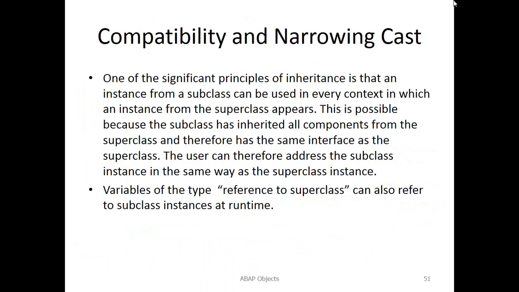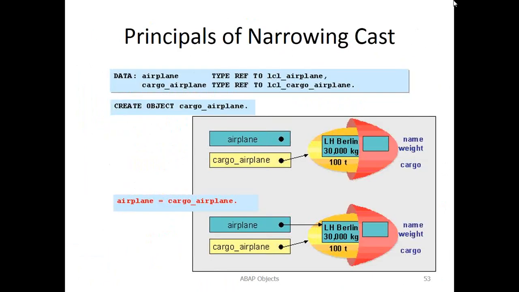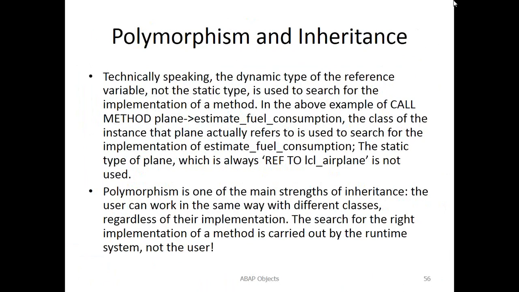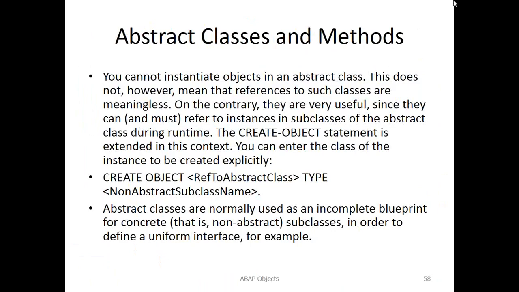I'll share this PPT with you. You go through it, and let me discuss the practical session. One more thing, which is also very important: abstract class and interface. What is an abstract class? Before that, you have to know about the abstract method. An abstract method is a method that is just defined; there is no implementation.